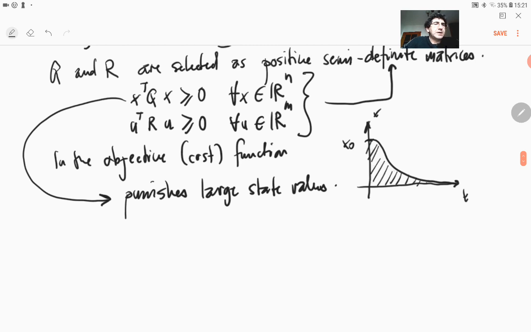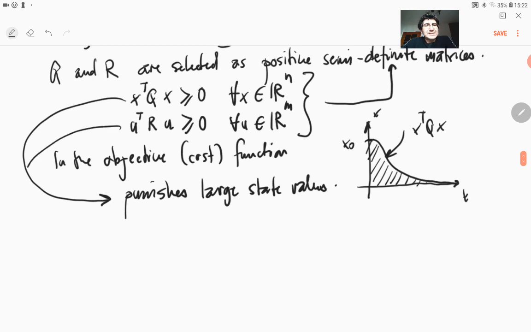So if this is the x transpose Qx curve as a function of time, the faster the states go to 0, the smaller the area underneath, and therefore the smaller the first term.